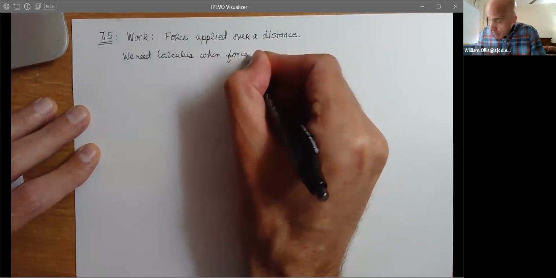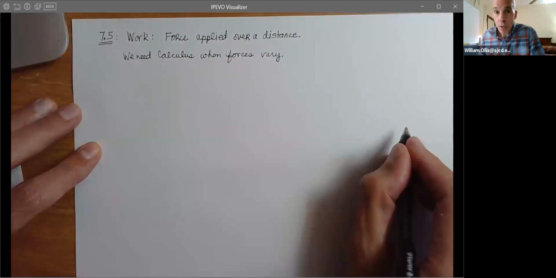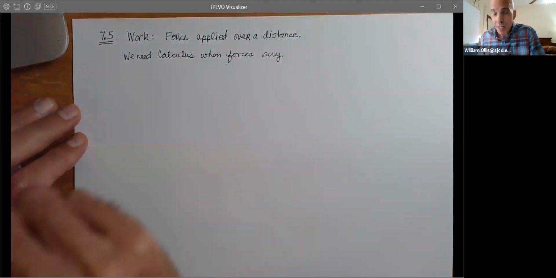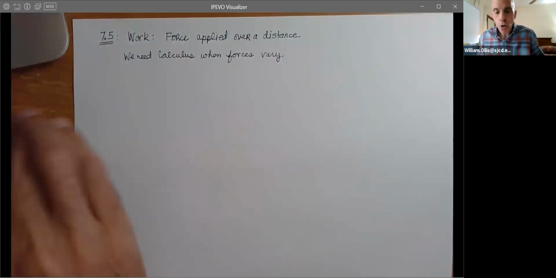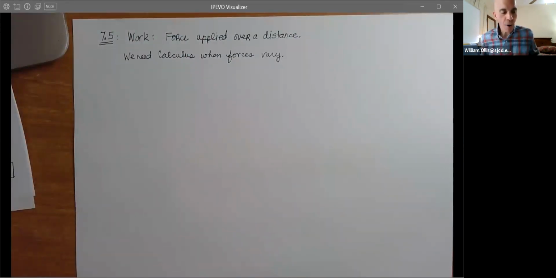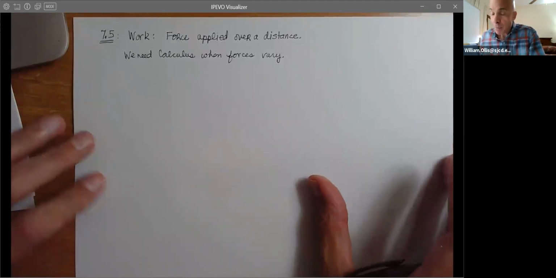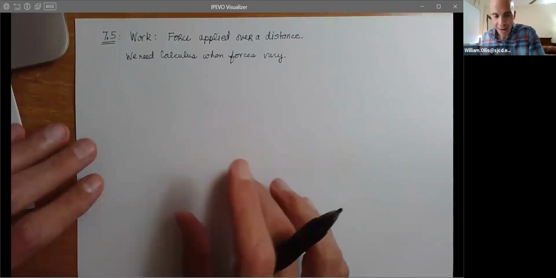Now, what I want to do is talk about some work that we utilize when we deal with springs, and also work that's utilized in moving liquids. Those are very interesting problems. And of course, in your physics class, you'll do more work problems, but these make really good examples for a math class.